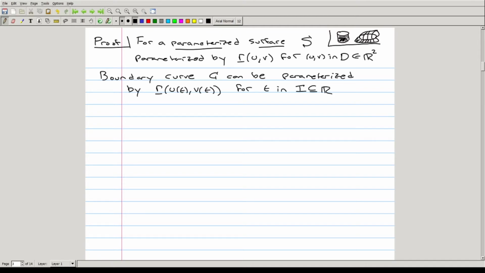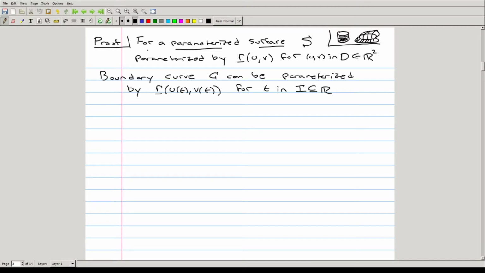The idea, though, is that once we prove Stokes' theorem for a relatively simple surface parameterized like this, the extension to piecewise surfaces with finitely many pieces is relatively straightforward.